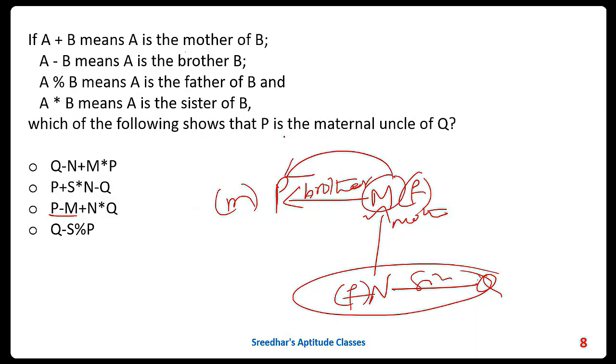Mother's brother is obviously the maternal uncle. So P is the maternal uncle of Q. P is the maternal uncle of N also. So the third option is absolutely true. It takes time, but yes, this is how you can answer the question. So the third option is the right expression that we want, where P is the maternal uncle of Q.